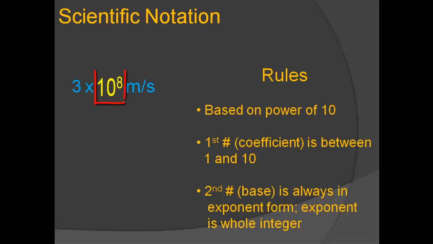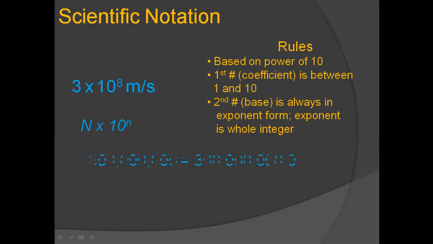The second number is called the base, and that is always in exponent form, and that's all based on the power of 10. And the exponent is always a whole integer. You cannot have a fraction as a superscript there. It has to be a whole integer. So that's the generic formula for a number in scientific notation.